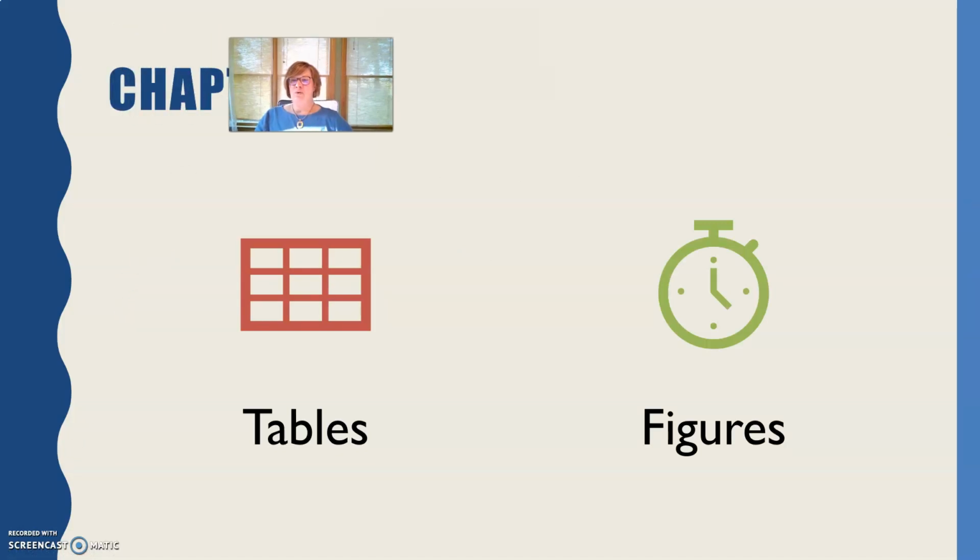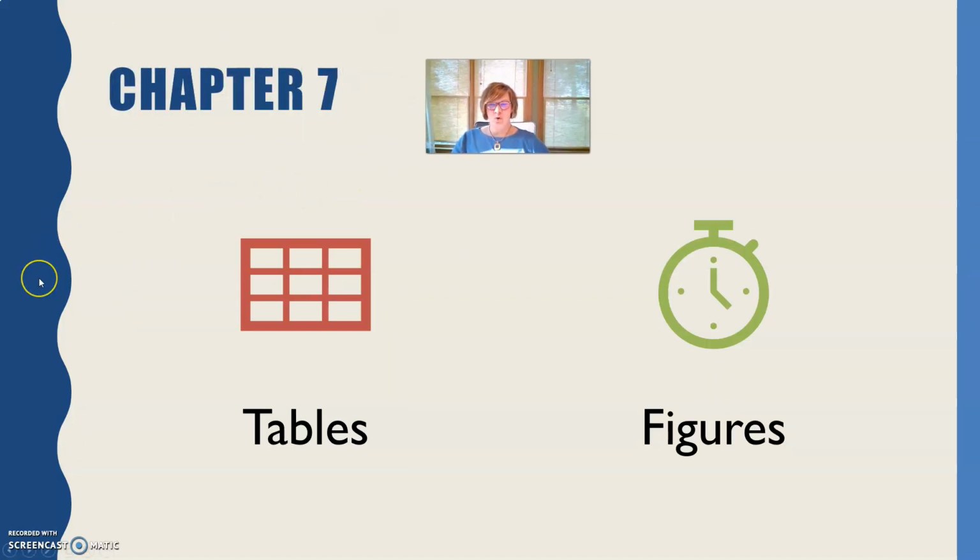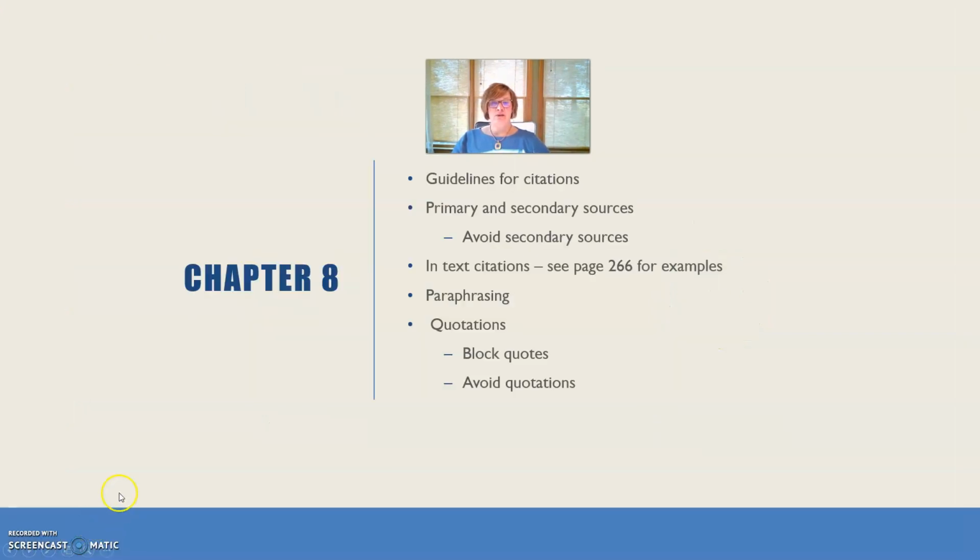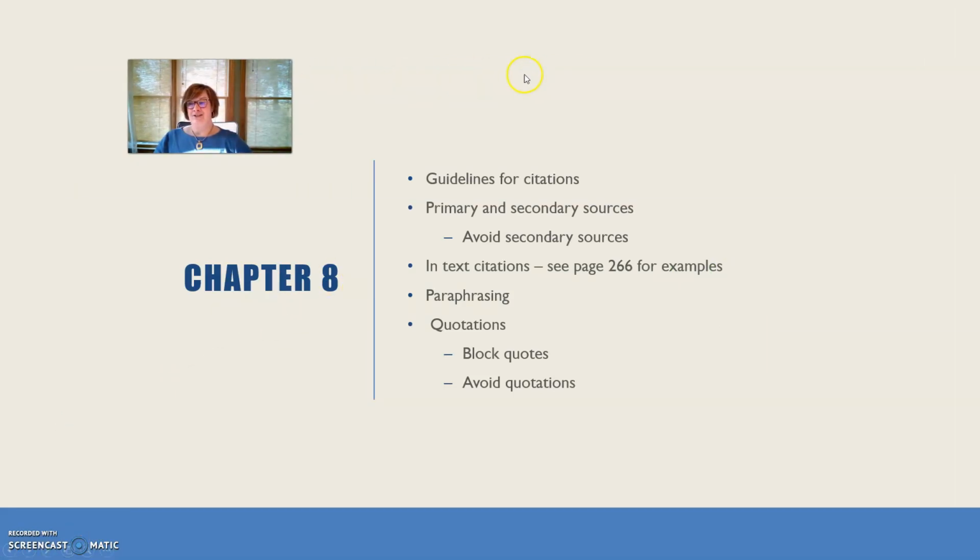Chapter 7, we won't be getting into this for this course as far as tables and figures, but this will help you as you move forward in the D&P program if that's the path. And in Chapter 8, we're starting to look at the guidelines for citations, primary and secondary sources, just a nuance.